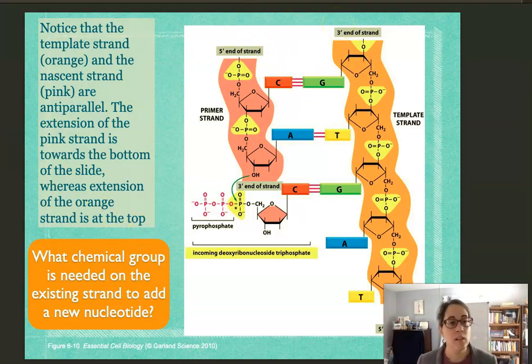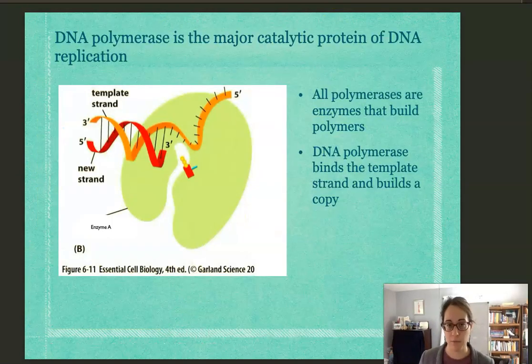Okay, so we're going to meet DNA polymerase now. Polymerases are enzymes that make polymers. So I'll say that again. A polymerase is an enzyme that makes polymers. What is an enzyme? What type of molecule is an enzyme?